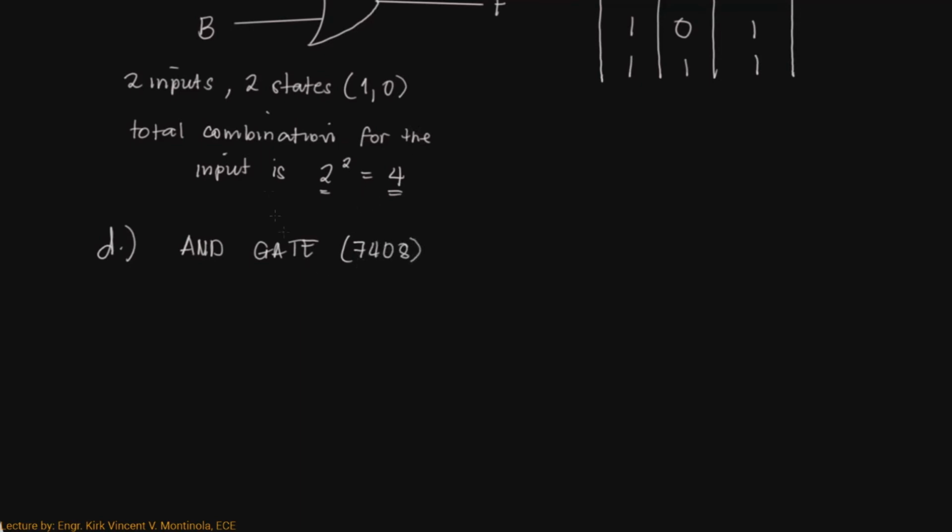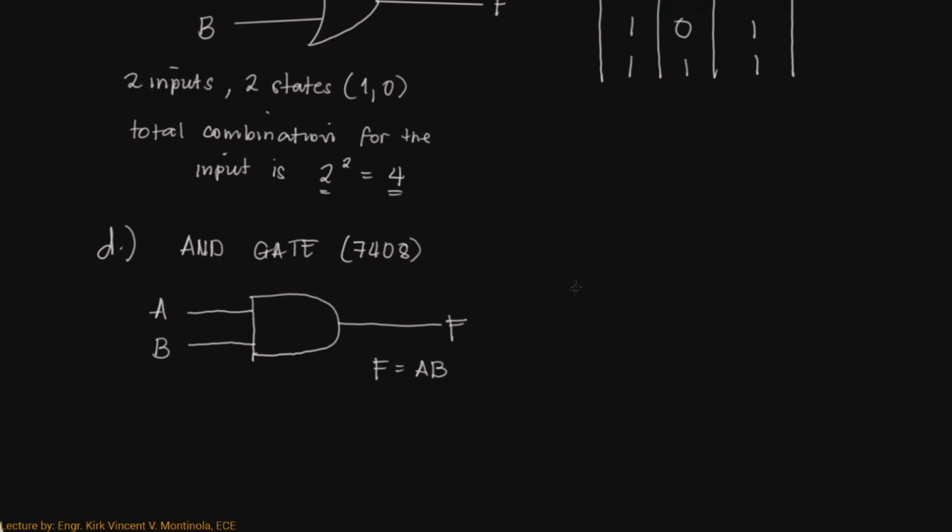Its symbol is written like this, like a bullet. It also has two inputs, two or more, A and B, and an output of F. Its Boolean expression is like a product or multiplication, so F equals A and B.